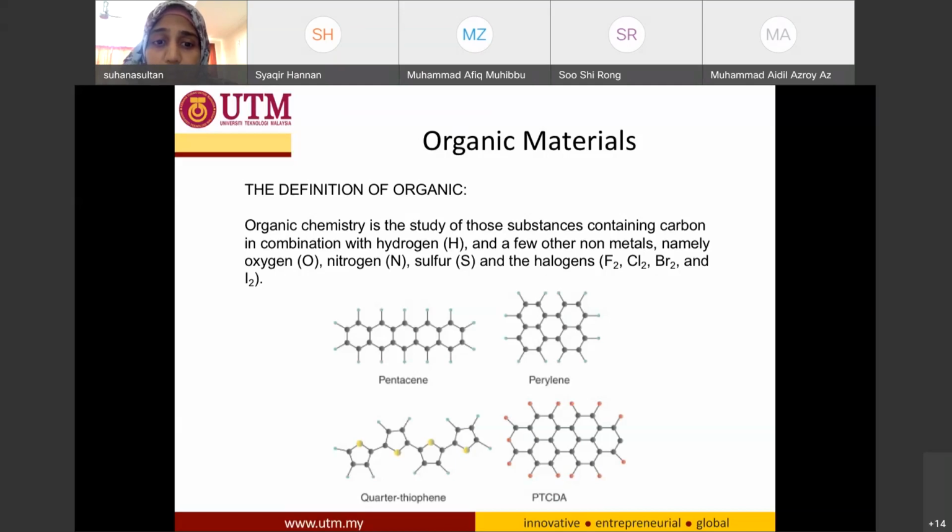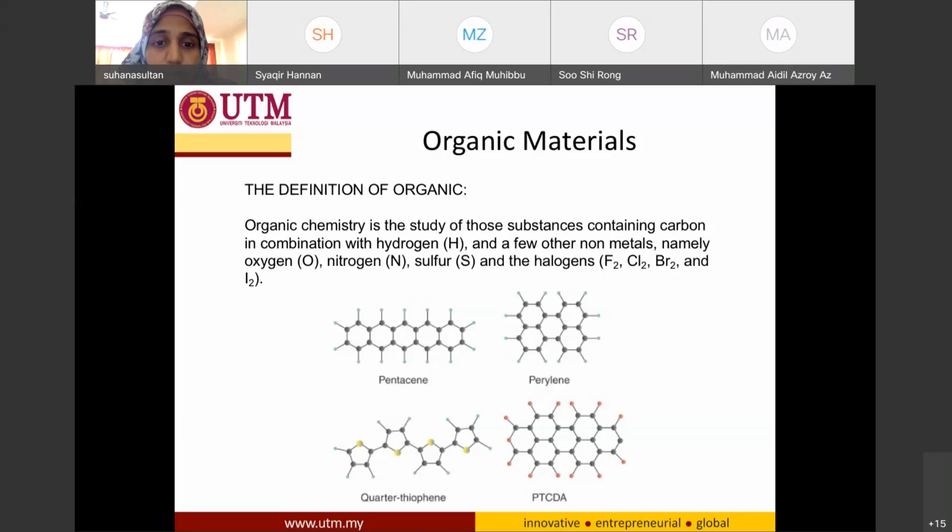For example, the famous one is pentacene. Okay, this is a structure, pentacene. And this is perylene. This is the famous type of organic semiconductor that people have been using to create organic based devices.